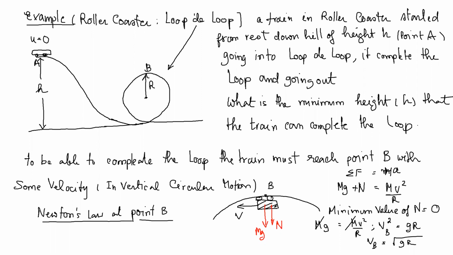Now, in order to complete the loop, the train must reach the point B with some velocity. It cannot stop at B, otherwise it will fall. So when it reaches point B, it must have some velocity enough to stay on the track.